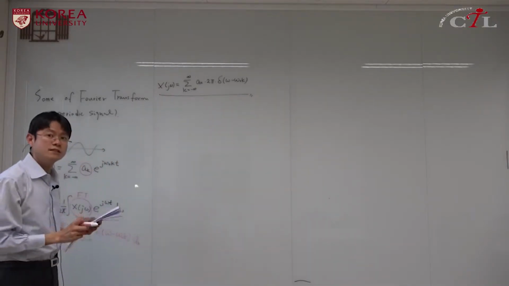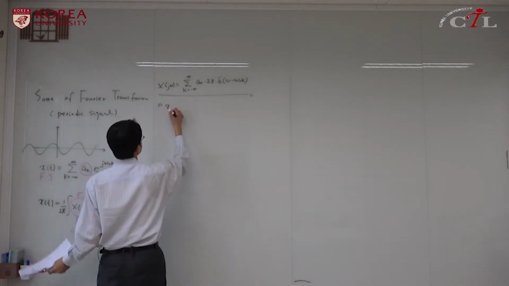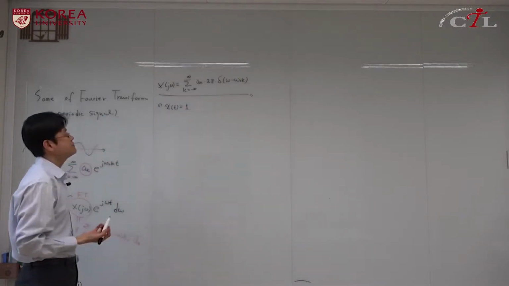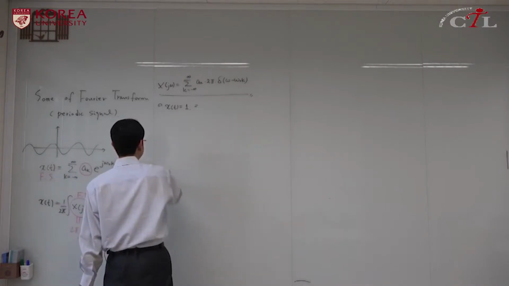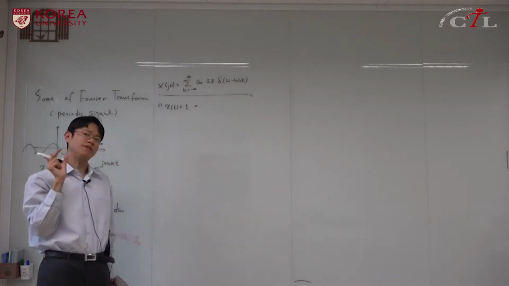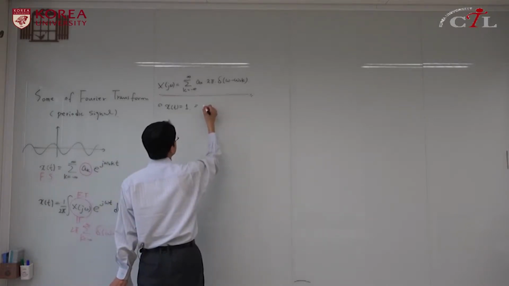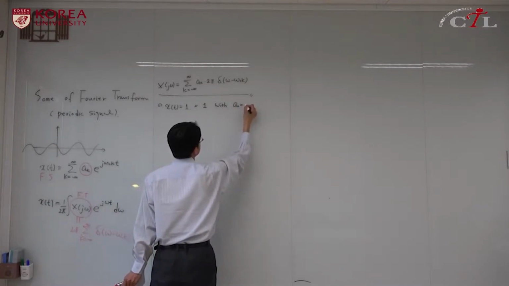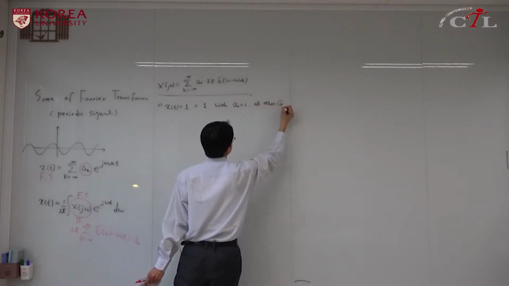So using this, let's find the Fourier transform for 3 signals. For example, x(t) equal to 1. What's the Fourier series? Periodic signal, right? Periodic signal with any period T. So, its Fourier series is simply 1 with a_0 equal to 1 and all other a's are nothing.